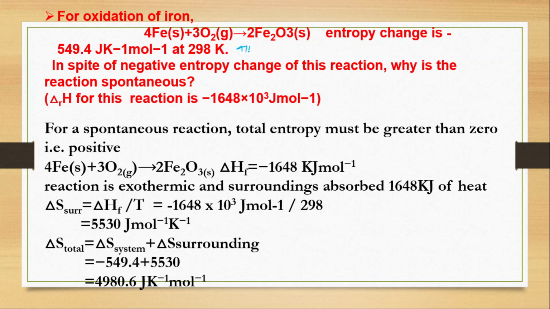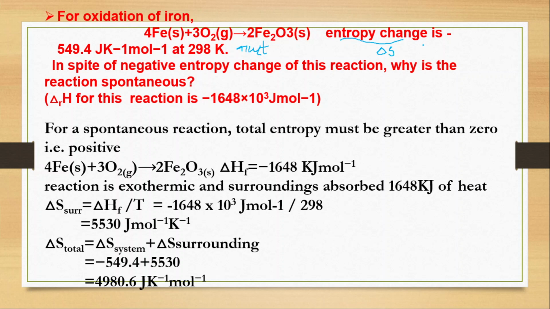So we'll write it. This is the formula of the rusting process. In spite of the negative entropy change, delta S is minus 549.4.